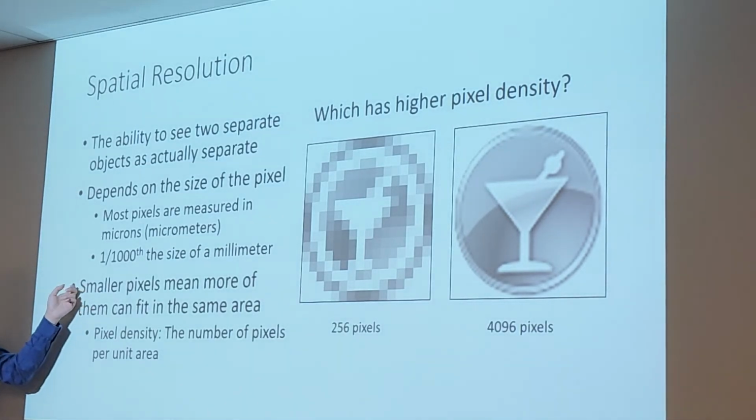Now, the smaller your pixels are, the more of them you can cram into the same area. They get smaller, you can fit more small things in the same amount of area. So this is called pixel density, the number of pixels you can fit into an area.